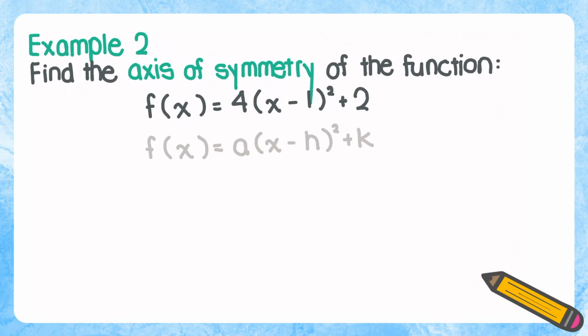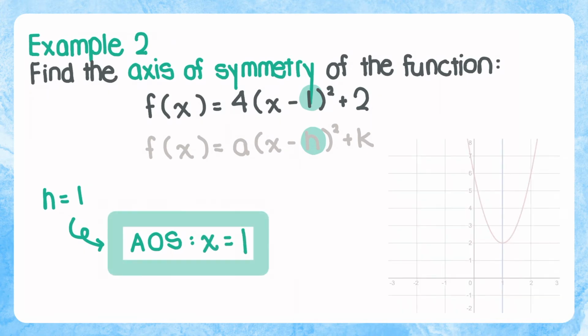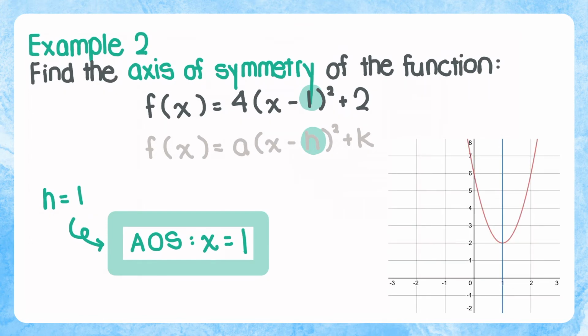We have an exact match, and notice how h is replaced by 1. So we know that h equals 1. And so our AOS, our axis of symmetry, is the line x equals 1. So let's take a look at a graph. Notice that our axis of symmetry is at x equals 1.